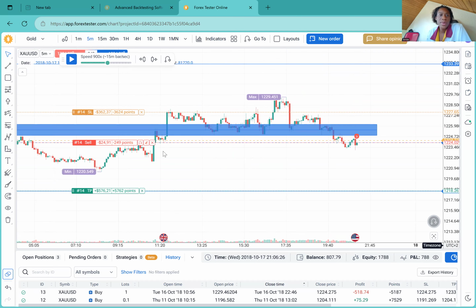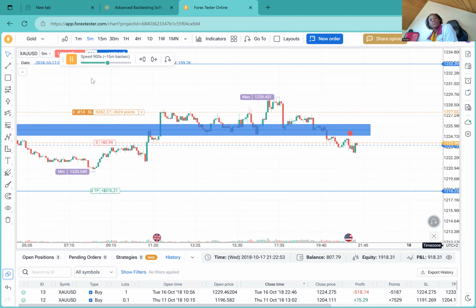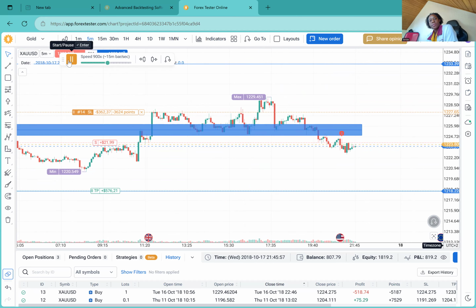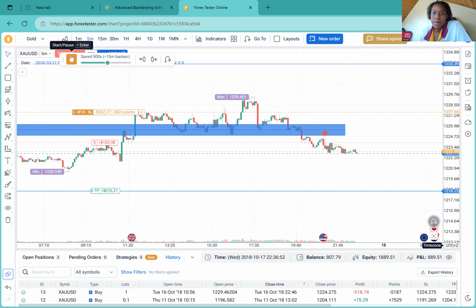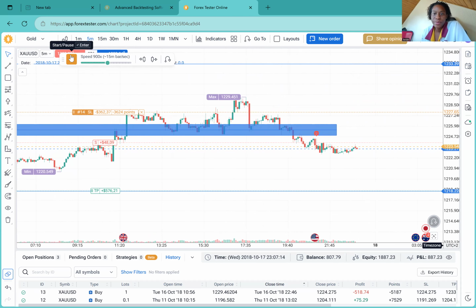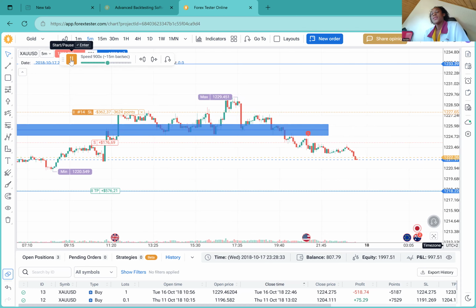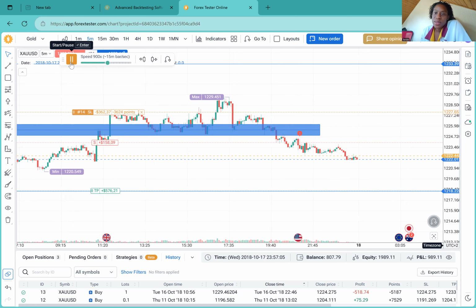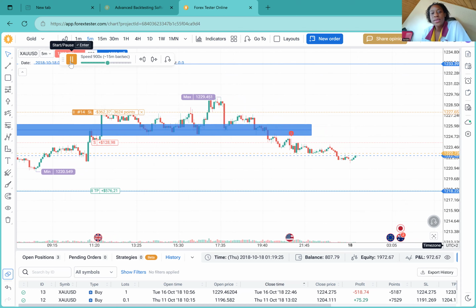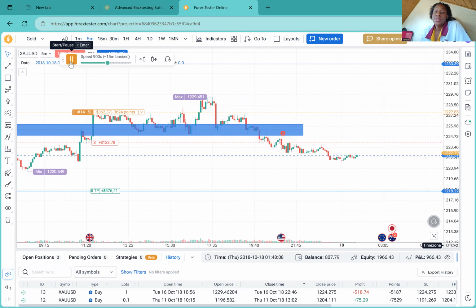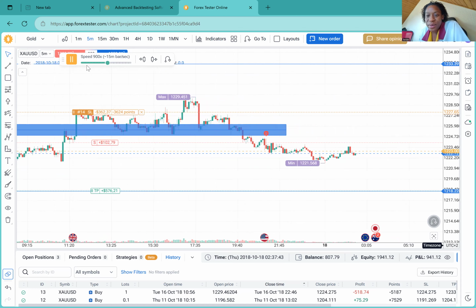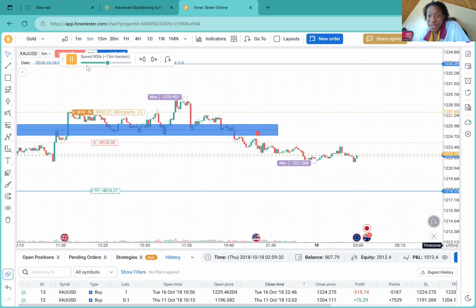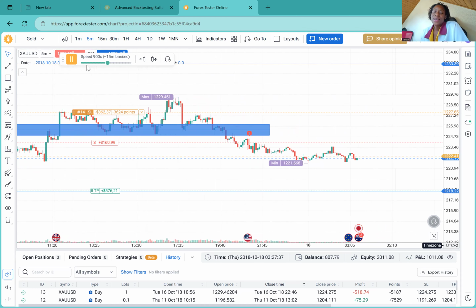Okay, let's go down to the 5-minute and see what happened. We're getting lower lows and lower highs, lower lows and lower highs. So price is behaving itself. I'm a bit optimistic when I see these big news candles.